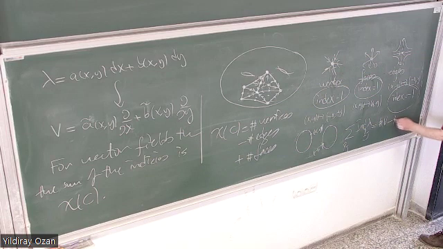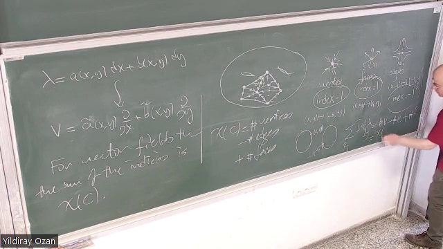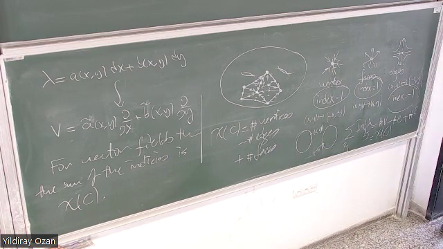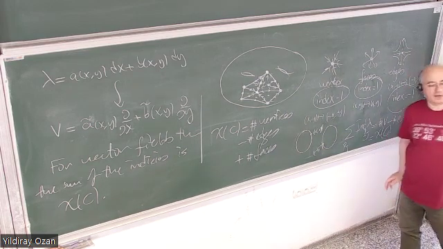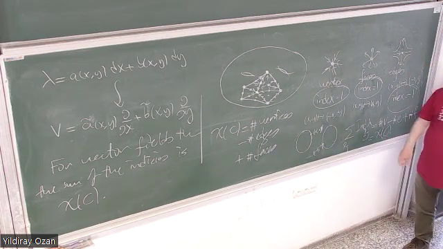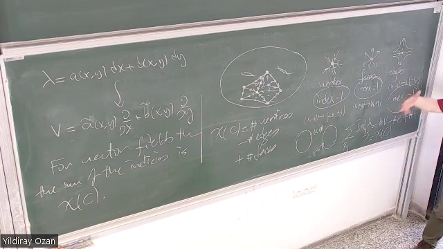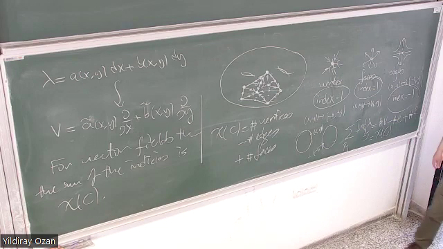Therefore, this is the sum of edges plus the sum of faces. But this is just the Euler characteristic. This is not a proof, but an explanation for one vector field. You may ask, of course, what about other vector fields, right?